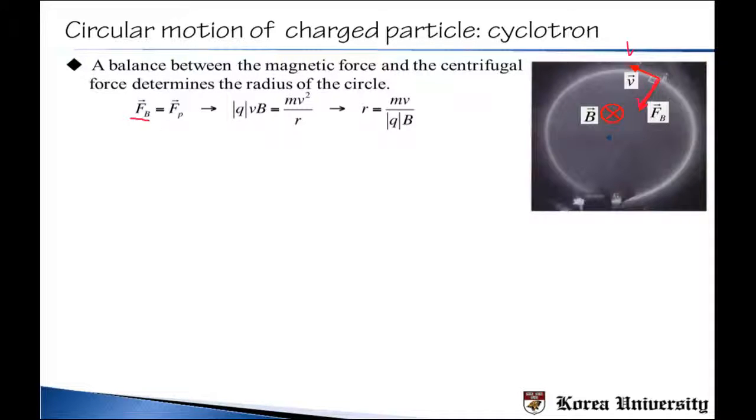Of course, it is the magnetic force. And we learned that the magnetic force is the charge multiplied by the velocity and the magnetic field. So here, why do we not have the cross product? Because they are already perpendicular, right? So we do not need the vector.